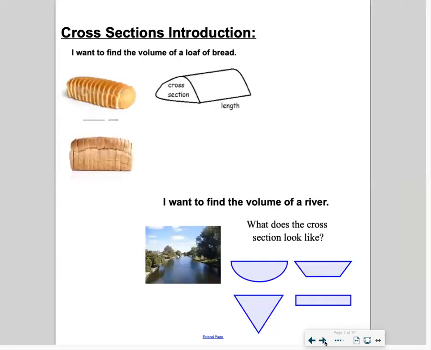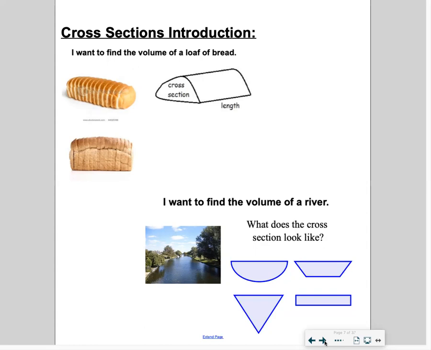You don't have to write any of this down in these first couple slides. I just want to show you what cross sections are. A cross section is basically cutting through a three-dimensional figure. With a loaf of bread, each slice is like taking a cross section, and you look through what you've cut.